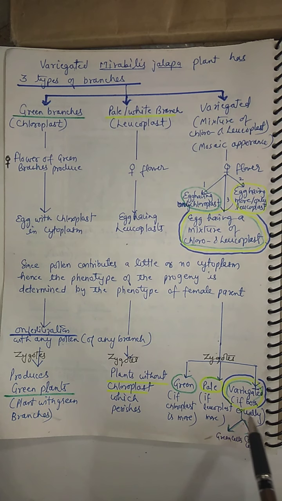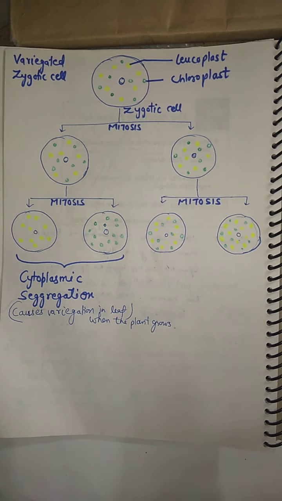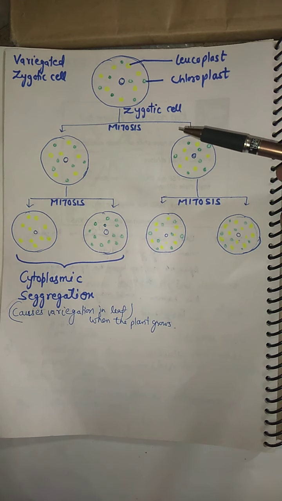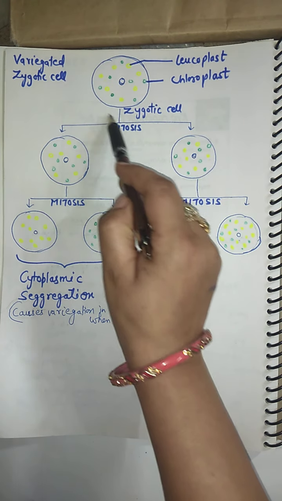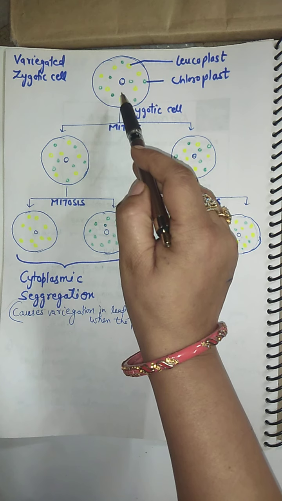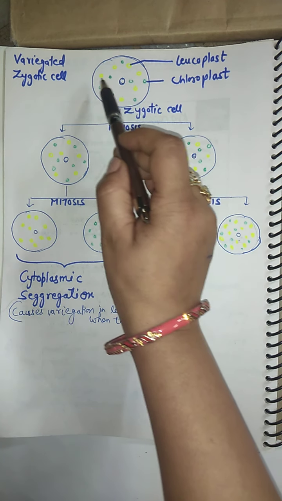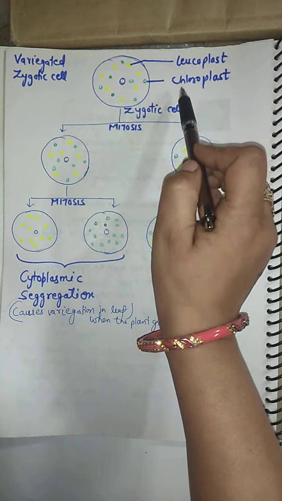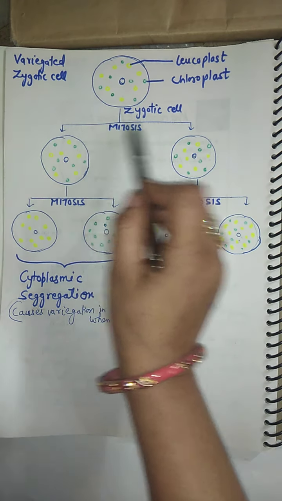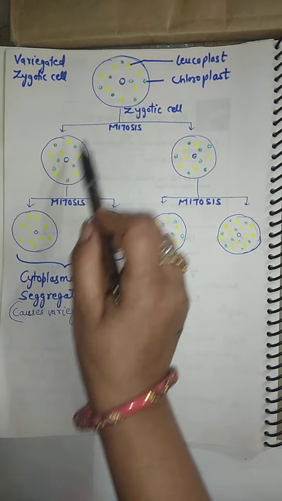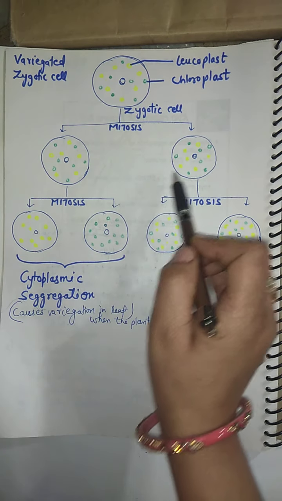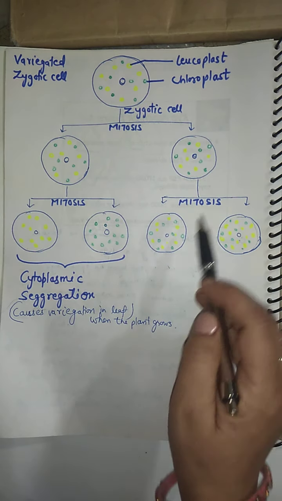Now, in the case of zygotes containing both leucoplasts and chloroplasts, he observed another phenomenon, cytoplasmic segregation, which is as follows. Here is a diagram to show the cytoplasmic segregation. This is a zygote obtained by fertilization of a variegated flower's egg containing both chloroplasts and leucoplasts, which upon mitosis develops cells similar to the mother cell, which on further mitosis during development forms other cells.